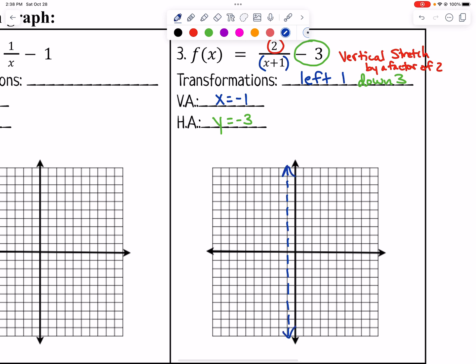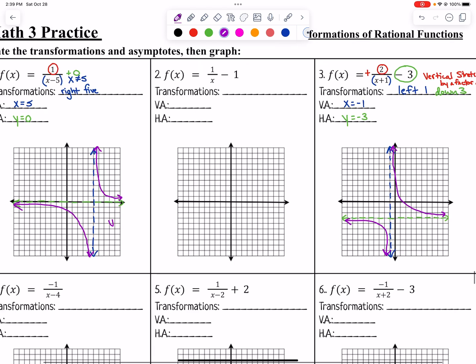And sketch the vertical asymptote. The y equals negative 3 is our horizontal, so let's sketch that right there. It's hard to really sketch the fact that it has a stretch of 2 because these already look stretched out. But since it's positive, because we don't see a negative in the front, it should still go in the first and third. They're not quadrants, but you can kind of relate them to our quadrants. And then that's it for number 3.